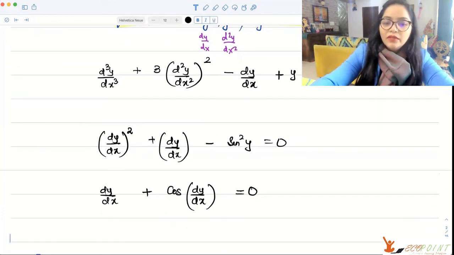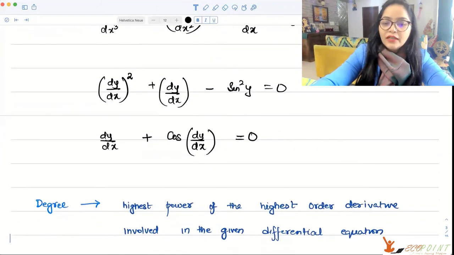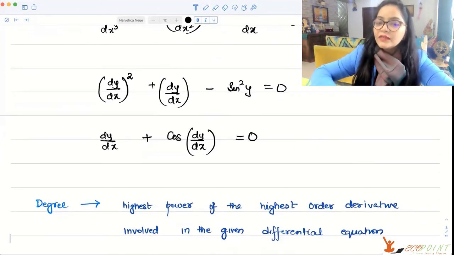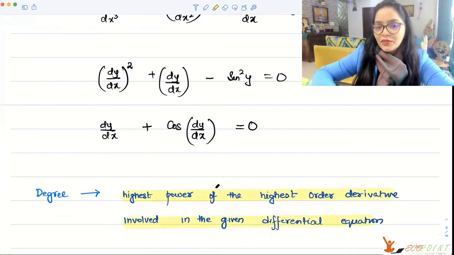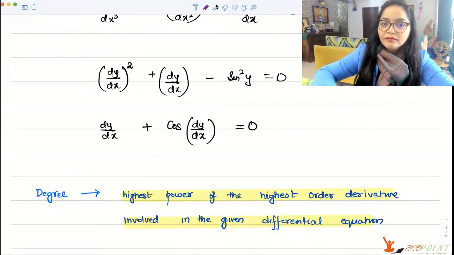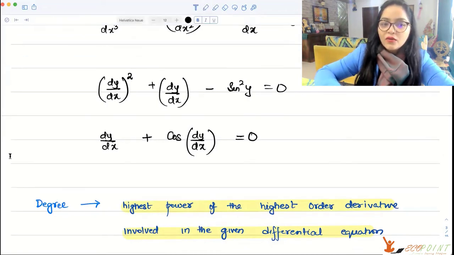So we will be moving on to degree, and degree is the highest power of the highest order derivative involved. In the first one, what is the highest order of derivative involved?